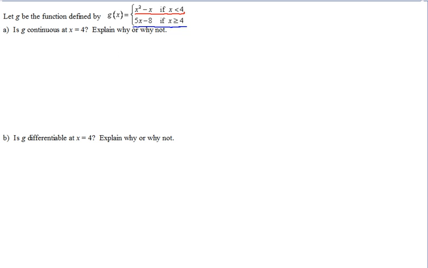Okay. So, let's start with either side. Let's say we start with the limit as x approaches 4 from the left of g of x. We substitute in 4 there, that'd be 4 squared minus 4. So that's 16 minus 4 is 12.